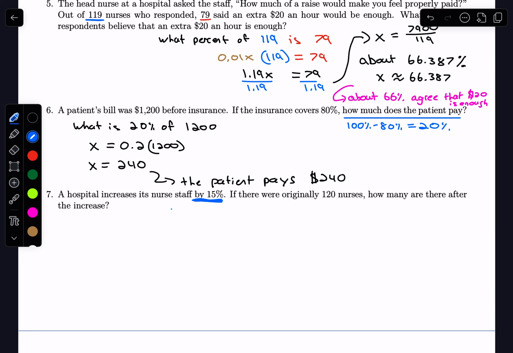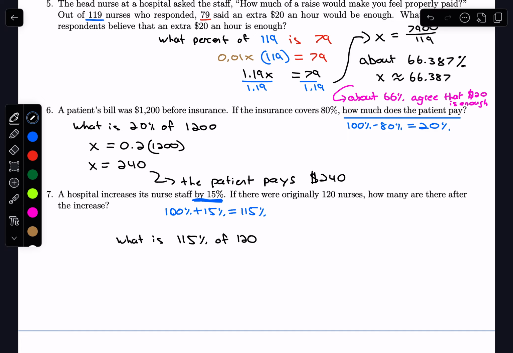Okay, we start off with 100% of our staff, and we're increasing by 15, meaning adding 15%. So that is 115% of what we used to have. So what we are actually trying to answer is, what is 115% of the original 120 nurses we had?